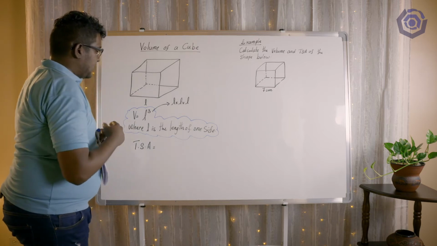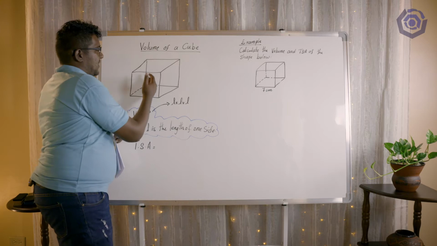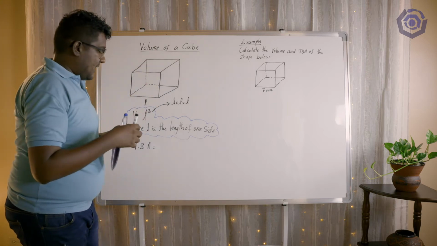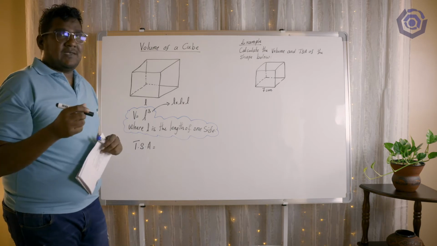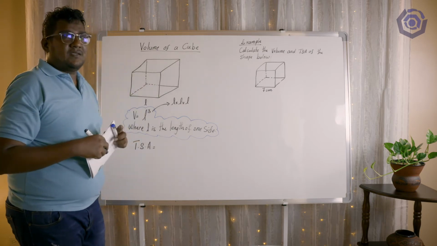Now, the total surface area formula. We have 6 faces, 1, 2, 3, 4, 5, 6, and each face is a square. And if you could remember from our area lesson, we said to find the area of a square, it's L square.